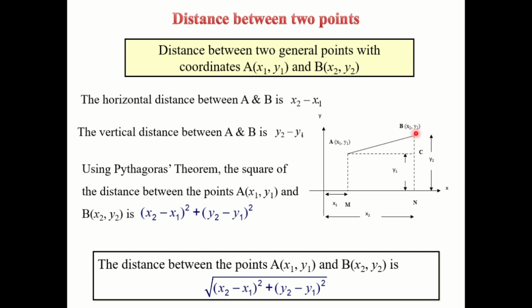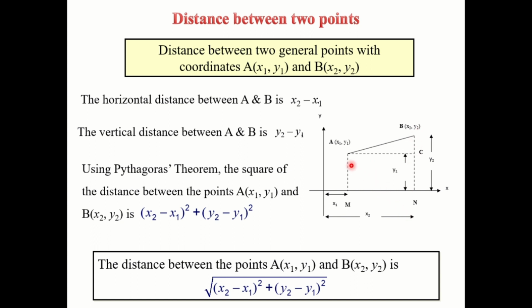We draw AM and BN perpendicular to the x-axis, and also AC perpendicular to BN.